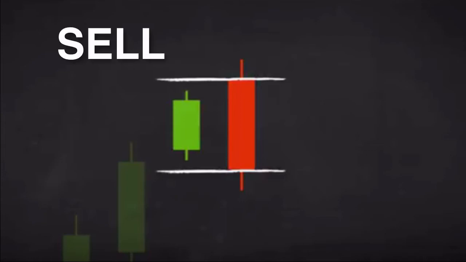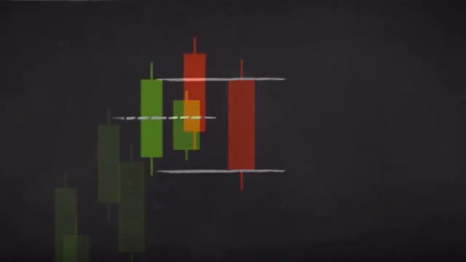Now bearish patterns. A bearish engulfing is the same thing but reverse. If you have a red following a green and the red is fully engulfing the green, there's a good chance it could reverse and you would want to sell. Another one is a dark cloud cover. This is when a long green candle is followed by a red candle which closes below 50% of the green one.